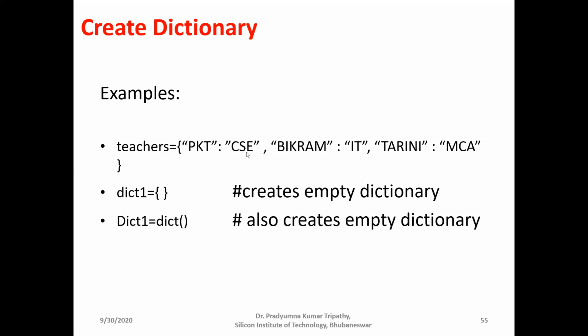In the value part, I can take anything: string, number, tuple, whatever, or list or dictionary. In the value part I can take anything. Only in the key part I cannot take two things, list and dictionary.